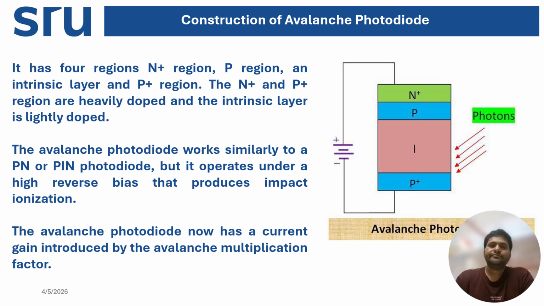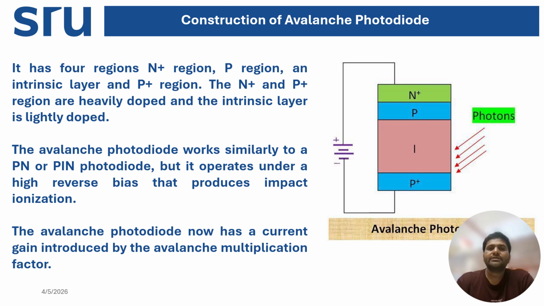Absorption region: this is usually a lightly doped intrinsic layer. Incoming photons are absorbed here and generate a number of electron hole pairs. Purpose: efficient light absorption. The multiplication region, located near the P region, is designed to have a very high electric field.